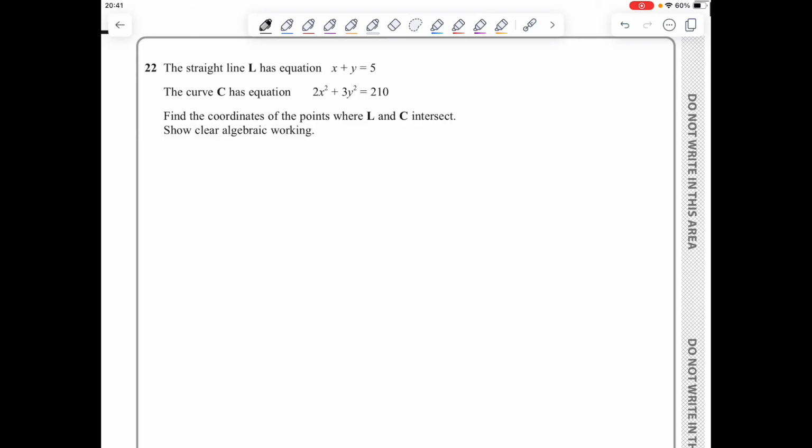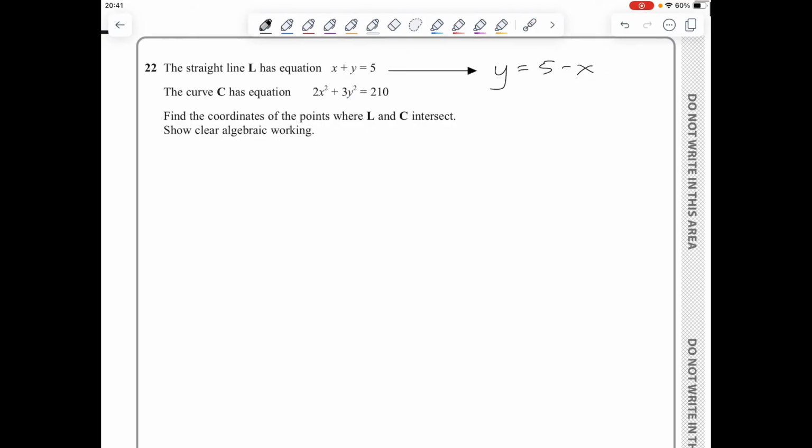For question 22, I need to solve simultaneously those two equations. I'll proceed with substitution. I'll start with the straight line and I will rearrange to get y on its own. So now I can substitute that y with 5 minus x.